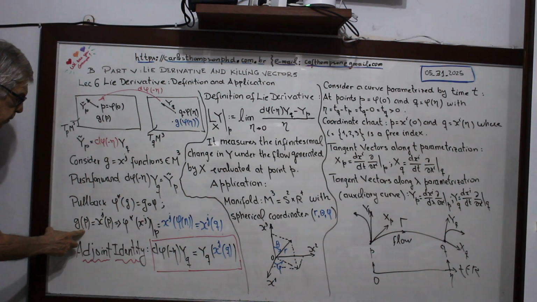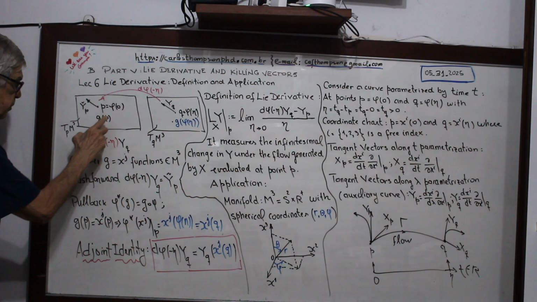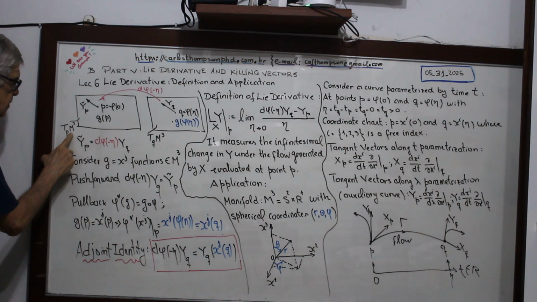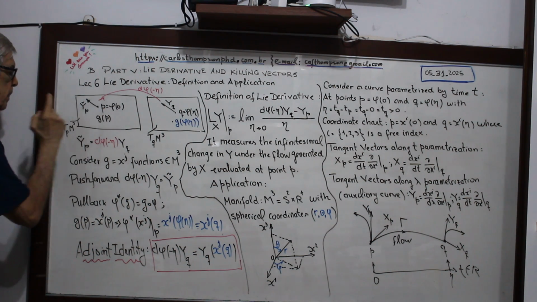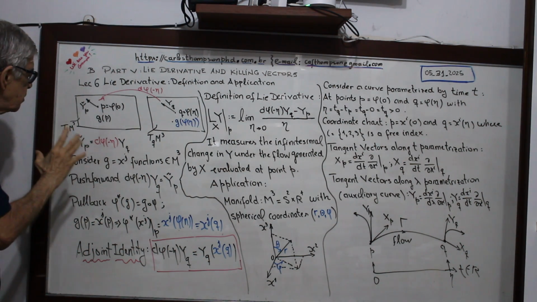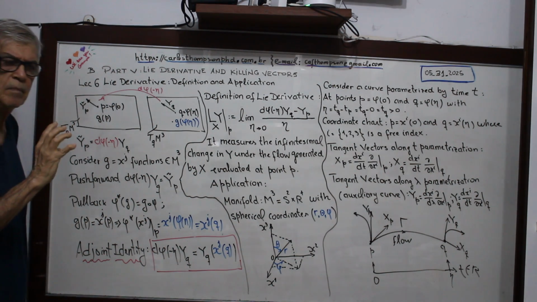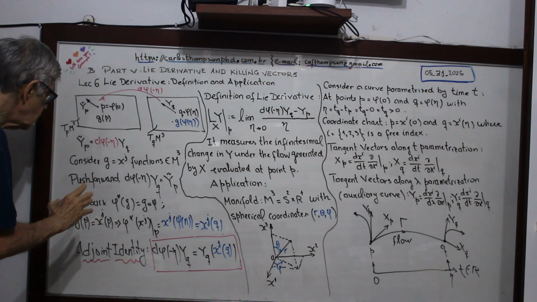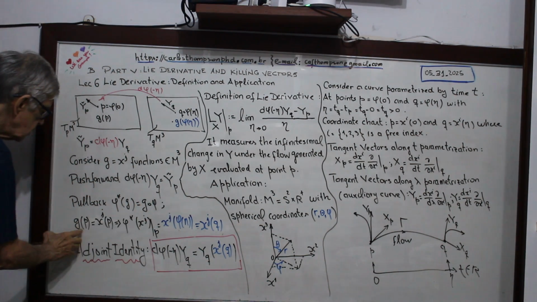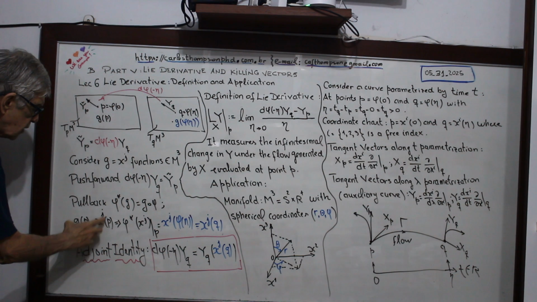Now g at P, attention, P belongs to the manifold. It's important here that the coordinates belong to the manifold. So the pullback here, g at P, is x^j.